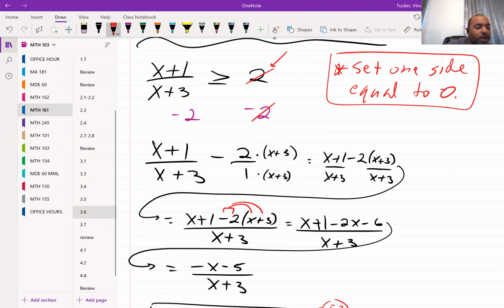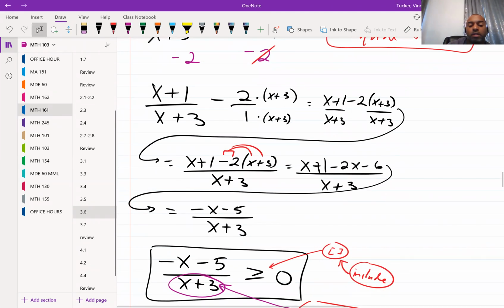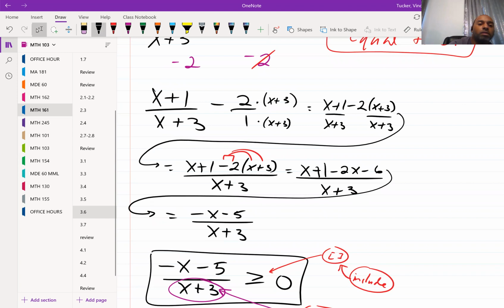We have negative x minus 5 over x plus 3. And when we put it back into our problem, negative x minus 5 over x plus 3 greater than or equal to 0.